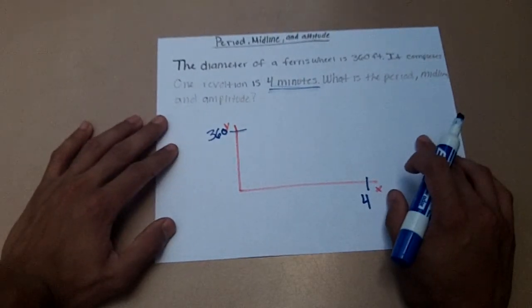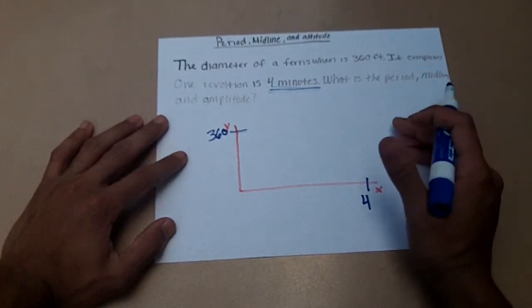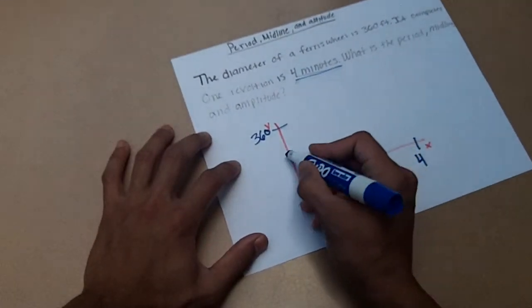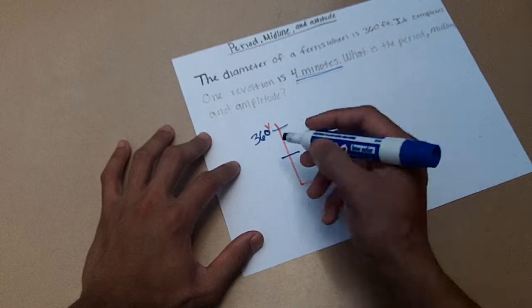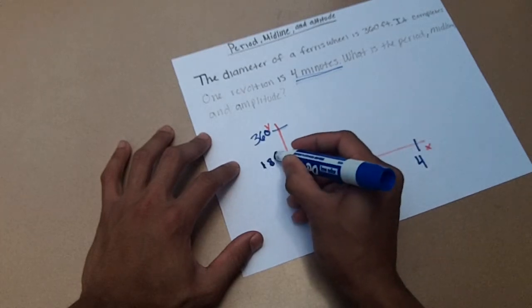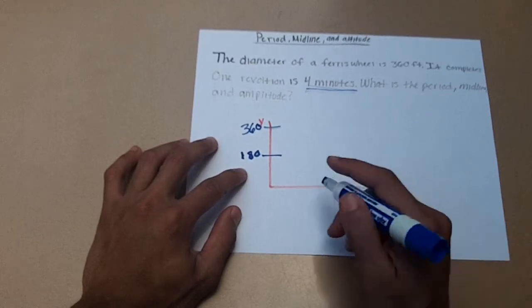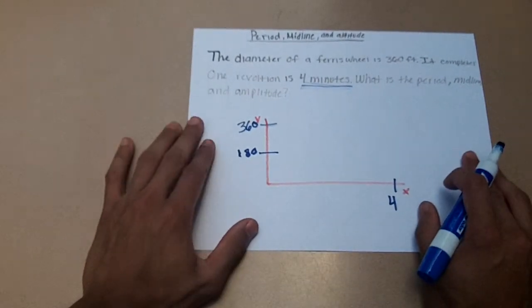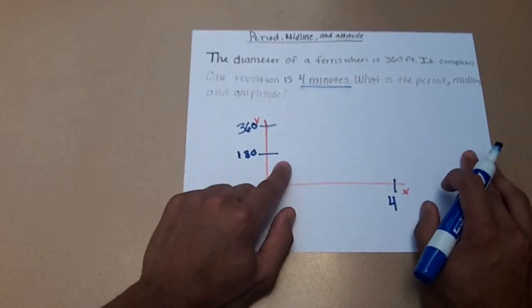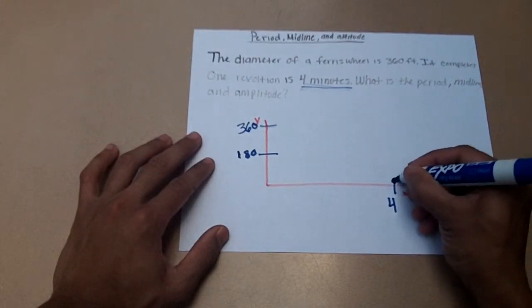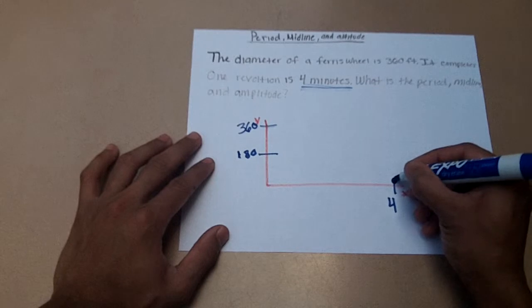The midline is pretty much the middle, in between the highest point and the minimum value. So it will be in the middle, and 360 divided by 2 is 180. So 180 will go right there, and that's your midline. And once you reach 4, you're going to be back at 0 on the Ferris wheel.